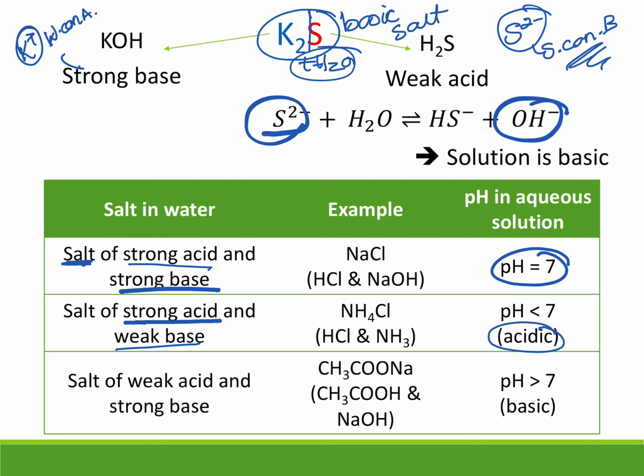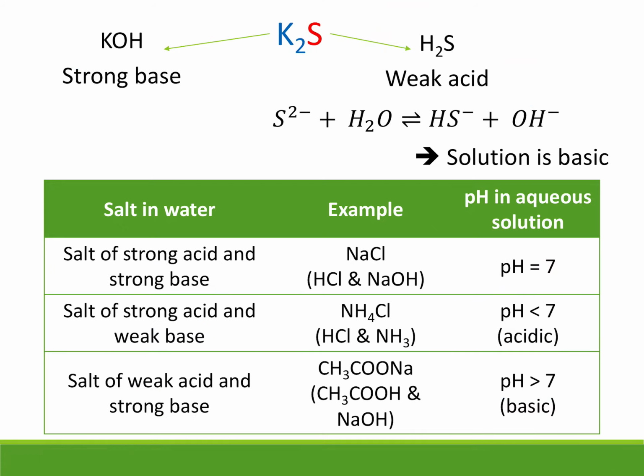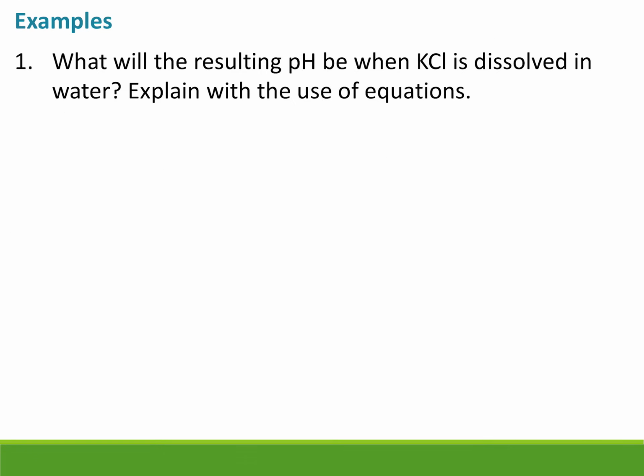So in other words, the salt takes on the nature of whatever's the strongest. Weak acid, strong base, it's basic. This is why it's important that you know strong acids and weak acids. Very, very important.